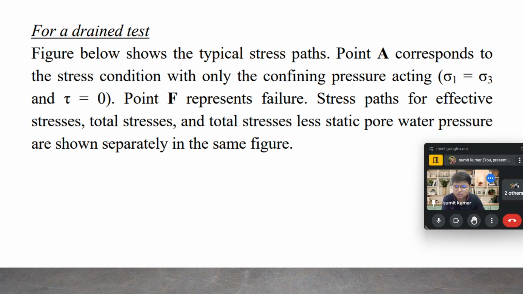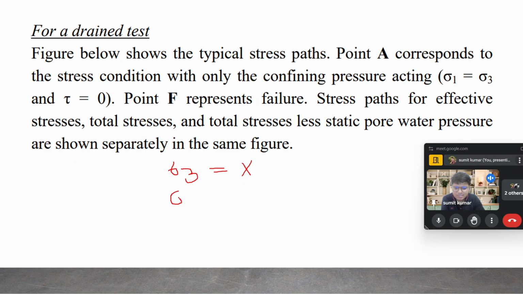I will write that because you might get confused. At any point, if only confining pressure is acting, confining pressure is nothing but sigma 3, equal to some value, suppose x.